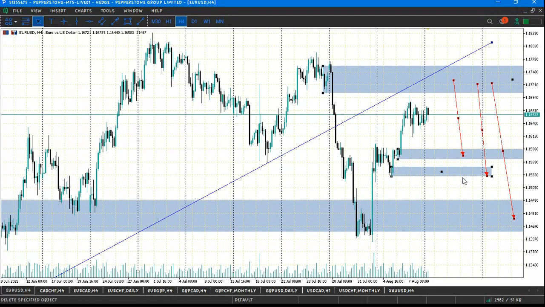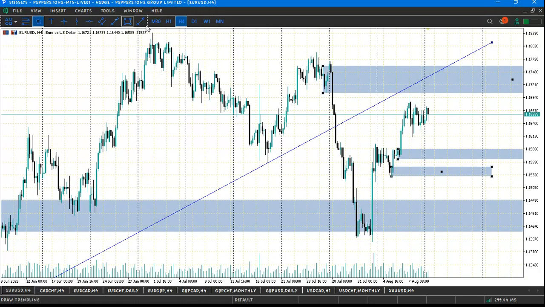Now, what are the exceptions for this scenario? The first exception is if this area is not obeyed and the market continues with the uptrend. It will mean that buyers are in strong control. Now that is the first scenario in which my trades will not be applied.